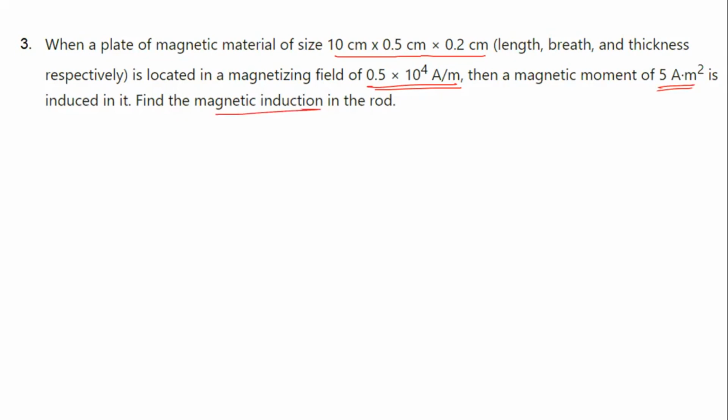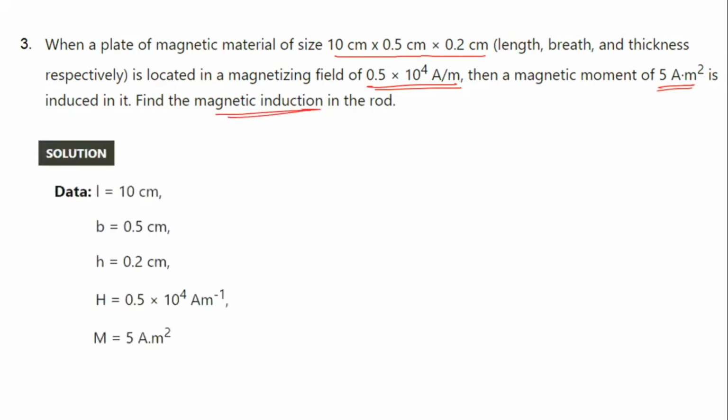Find the magnetic induction in the rod. So they gave length, breadth and height, the magnetizing field, and the magnetic dipole moment, and we have to find the magnetic induction, meaning B.